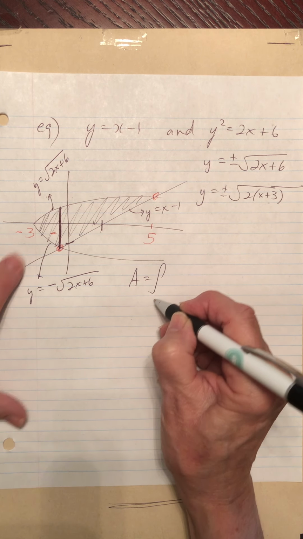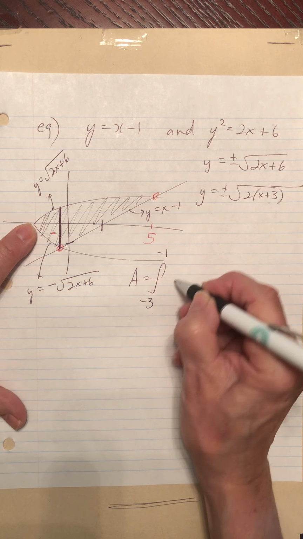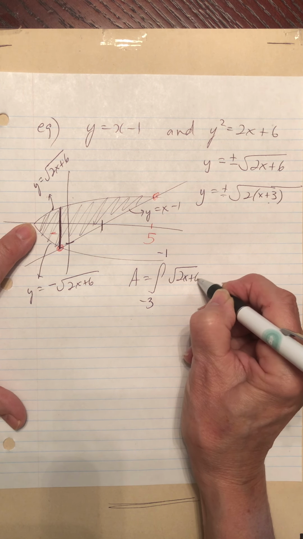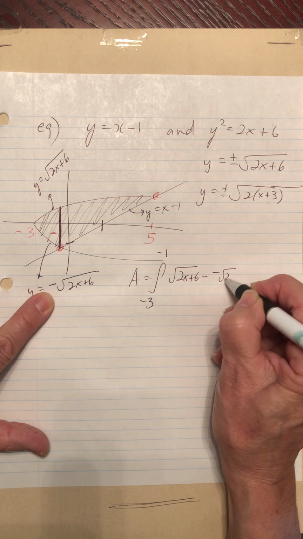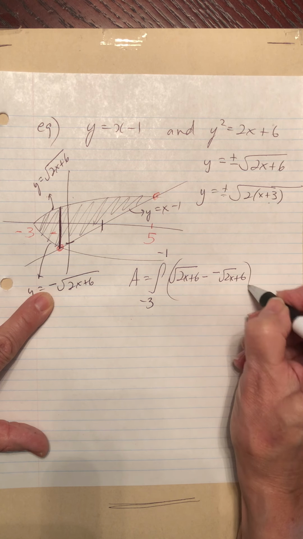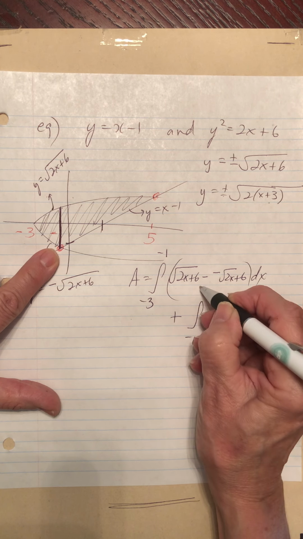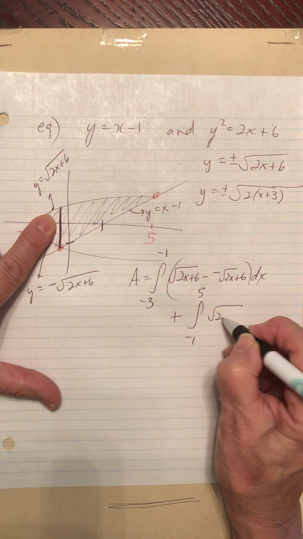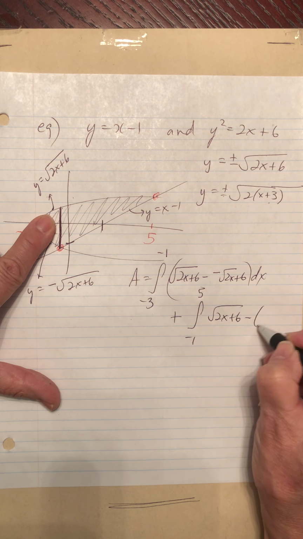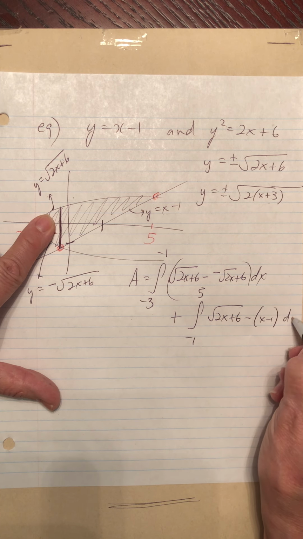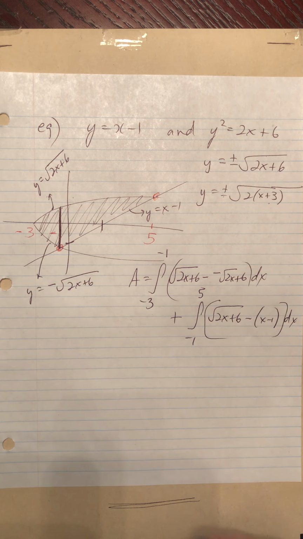Going from -3 to -1, I would have the square root of 2x plus 6 minus the negative square root of 2x plus 6. Not looking good already. Plus, going from -1 to 5, I have the higher graph minus, and there's my brackets, the lower graph, and away you go.